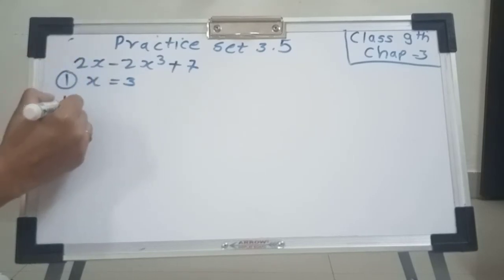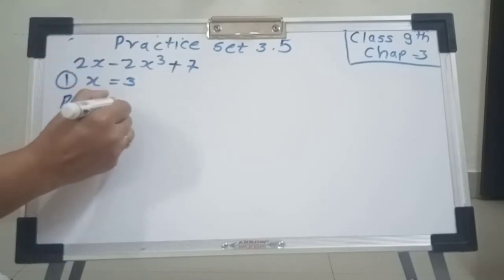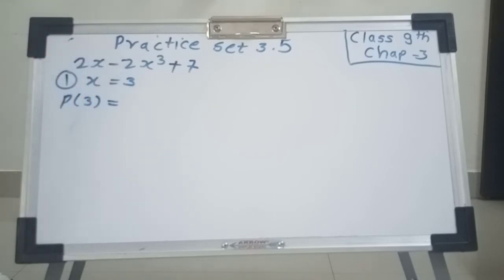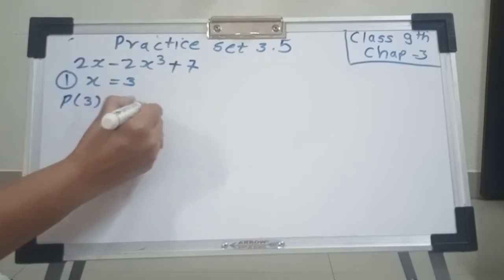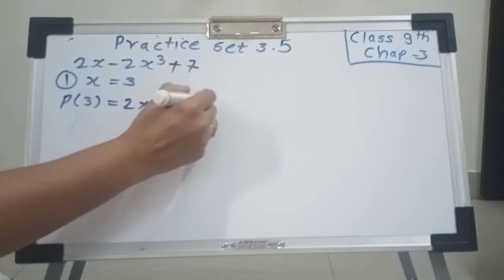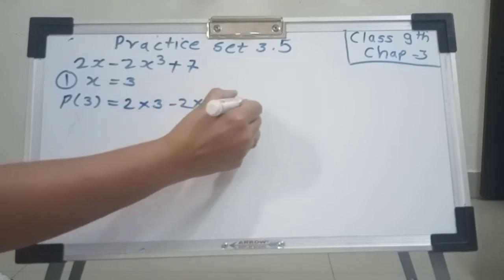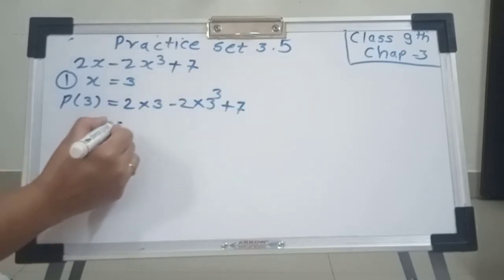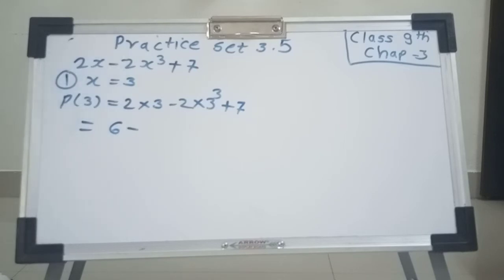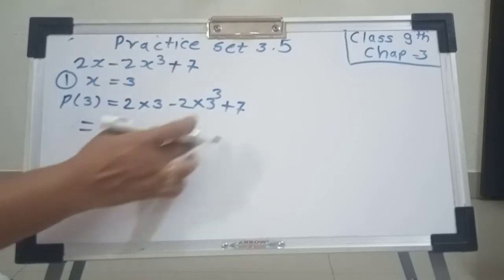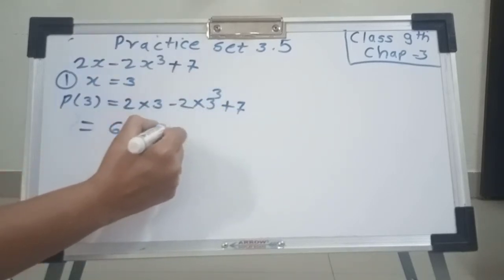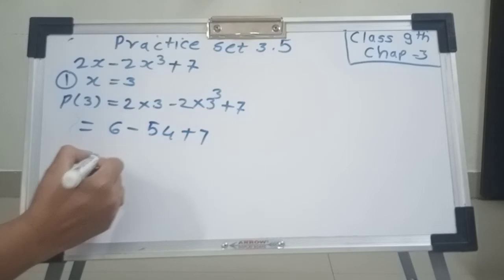That means P of 3 is equal to: put x equal to 3 in the given polynomial. 2 into 3 minus 2 into 3 cube plus 7. 2 threes are 6, minus 2 into 3 cube. 3 threes are 9, 9 threes are 27, 27 twos are 54, plus 7.